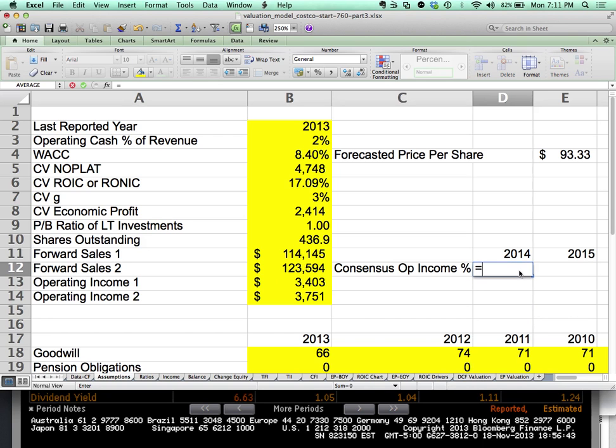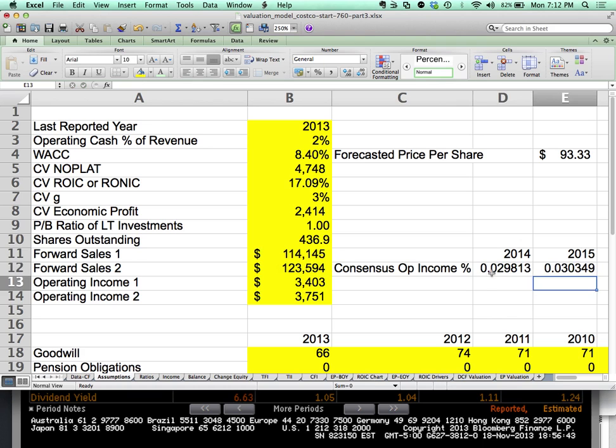In fact, in 2014, it's the 3403 divided by the 114,145. So the consensus operating margin in 2014 and 2015 is right here on the data that I just put in. 2.98% operating income as a percentage of revenue in 2014. 2015, it'll be 3.03%. That's what the current analyst operating margin is based on the consensus numbers from the earnings estimate screen.